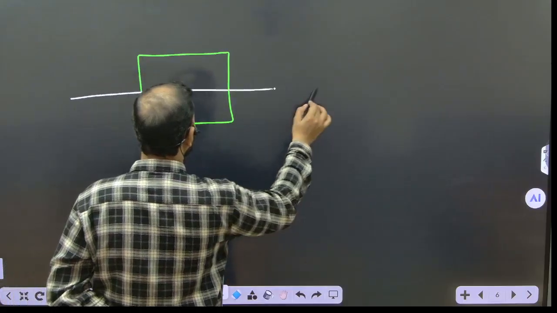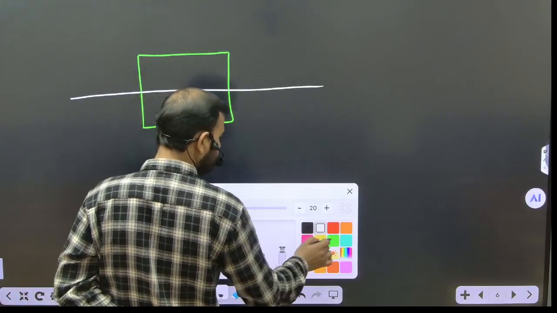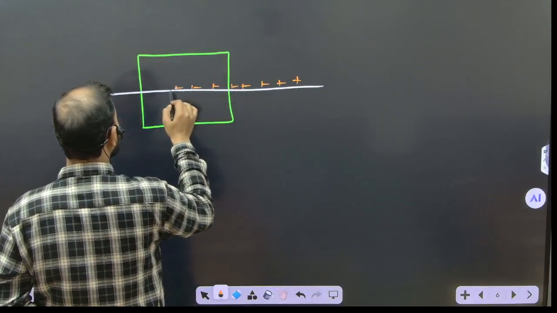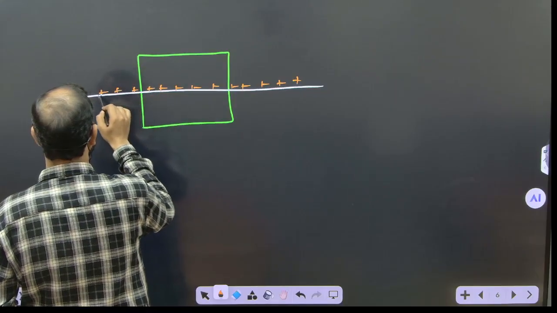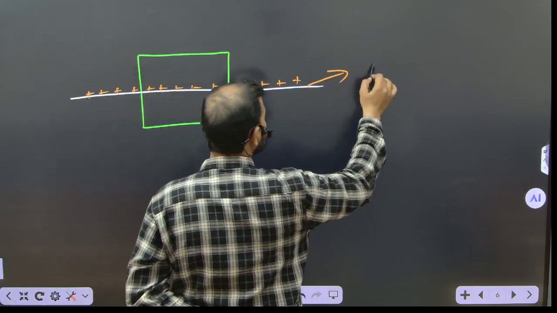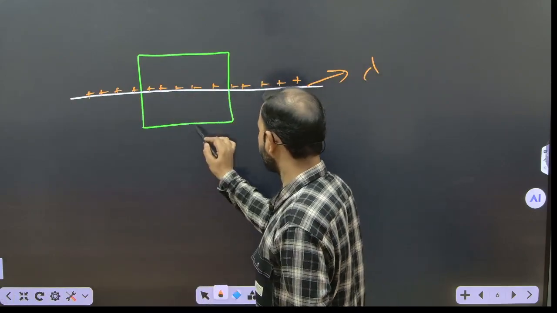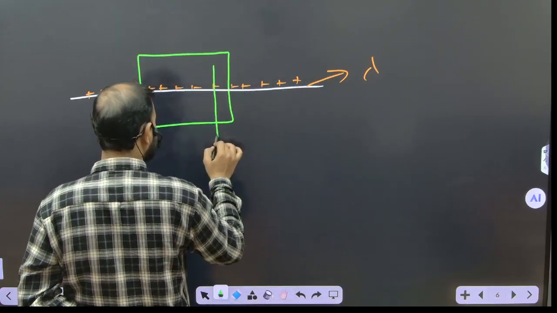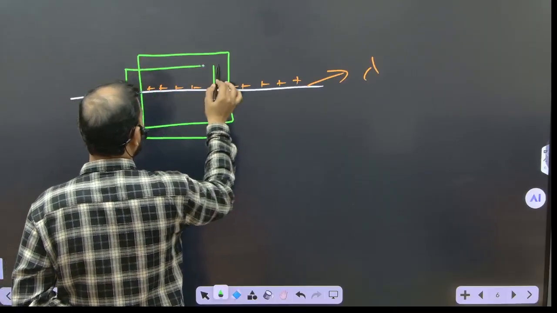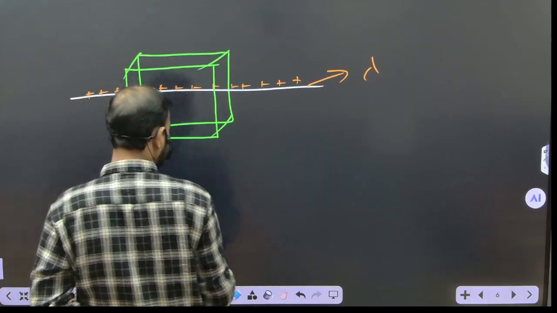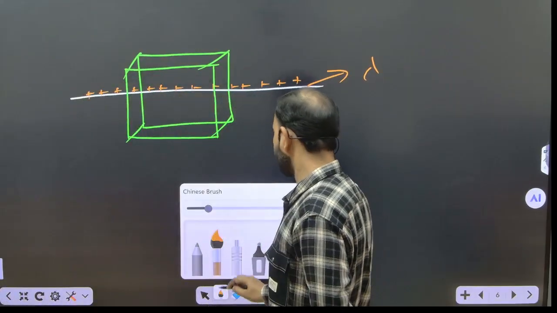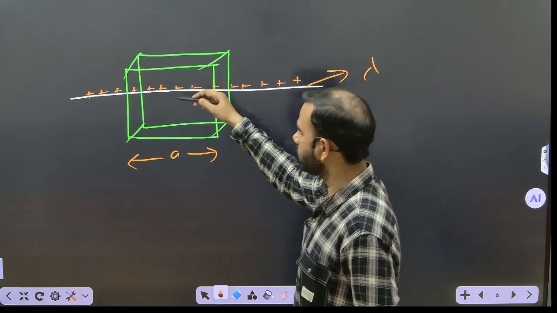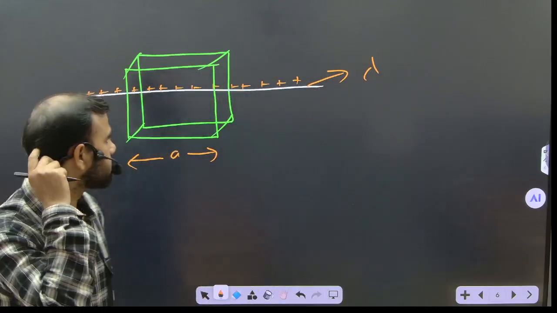Let's say here is a straight conductor and the charge is uniformly distributed on it, with linear charge density lambda. First we have to make this cube properly. Here the edge of the cube is A. So how much electric flux will come out from this closed surface?